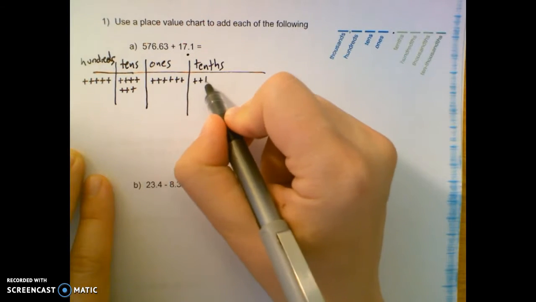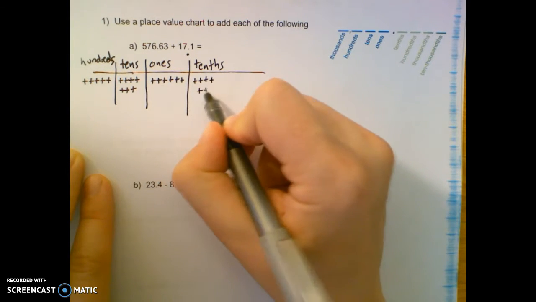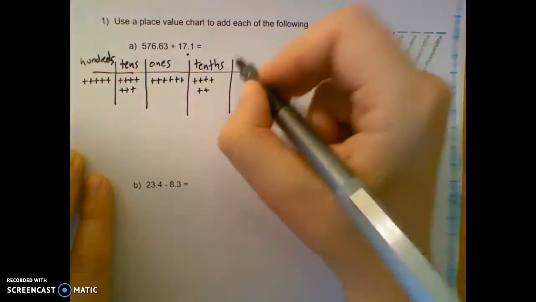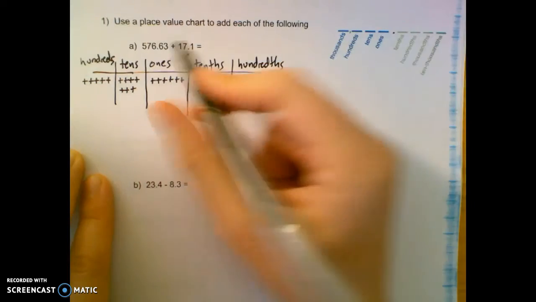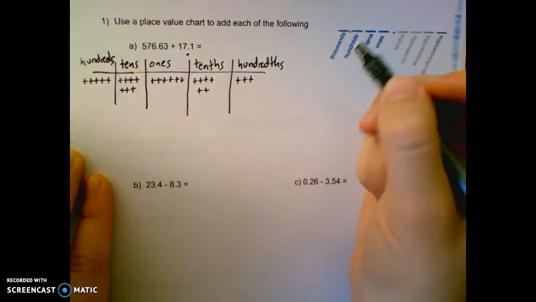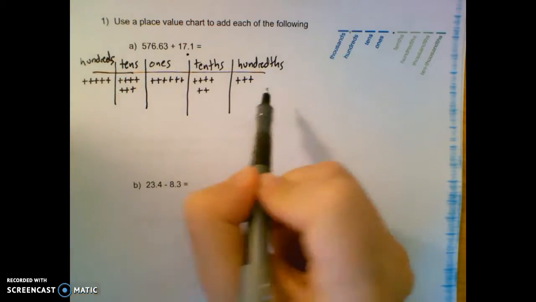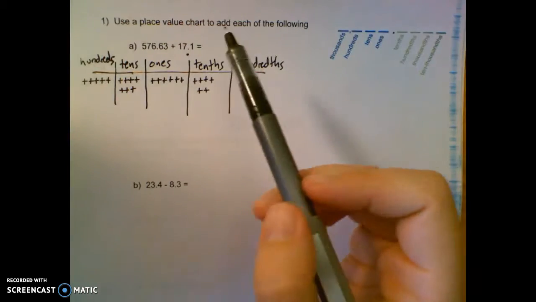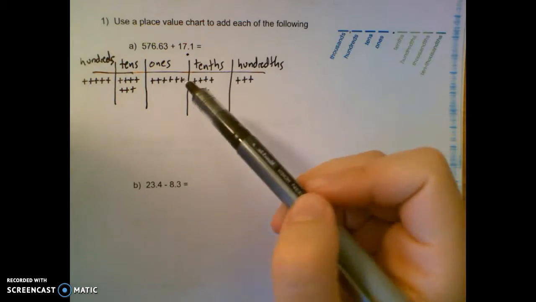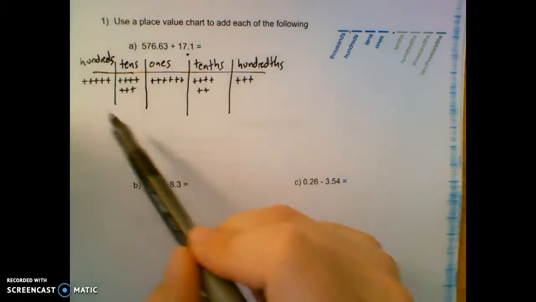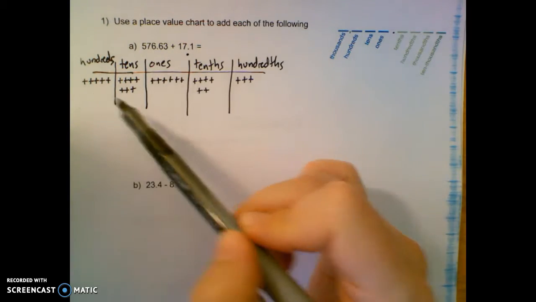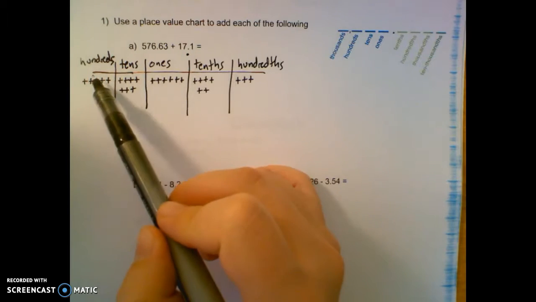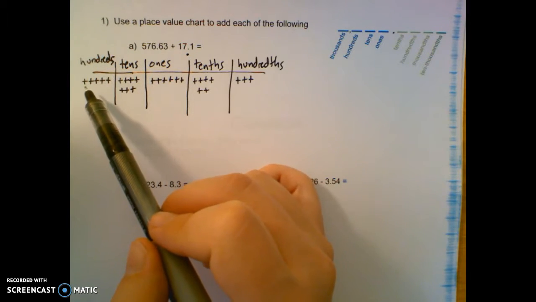I see I also have 6 tenths, 1, 2, 3, 4, 5, 6, and then hundredths. I have 3 hundredths. So this diagram lets me draw out my pluses and minuses much more concisely, with many fewer symbols. Instead of writing 500 little pluses, I write 5 pluses in the hundreds column.